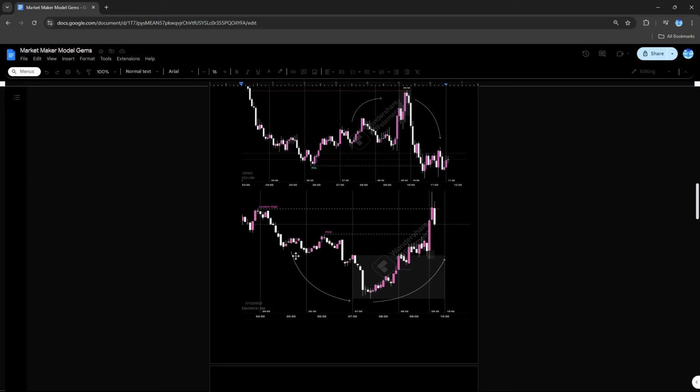Another example shown with the London high. London high sweeps out Asian high, and even if the London, there's more Asian liquidity above that you see that we might have targeted. Excuse me. We see our London high was formed. We didn't get any real shift above the high to trap longs to then go short.